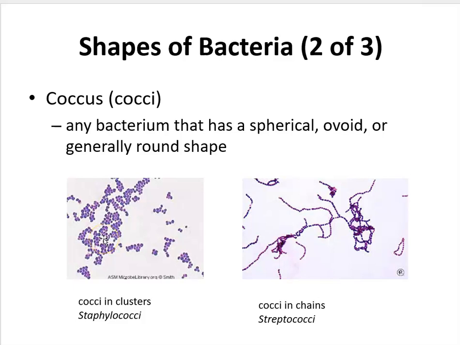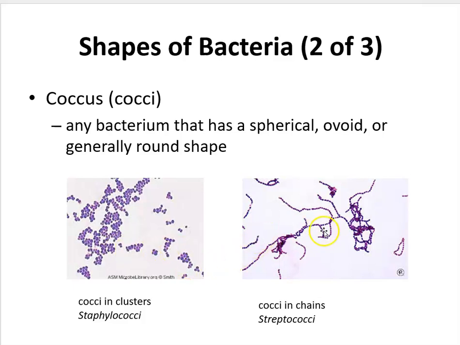So that's reported out as cocci in clusters. And when you get a full gram stain report, it will say gram-positive cocci, singly, in pairs, and clusters. That tells that doctor something. Gram-positive cocci in chains tells them it's not staph, it's a strep.